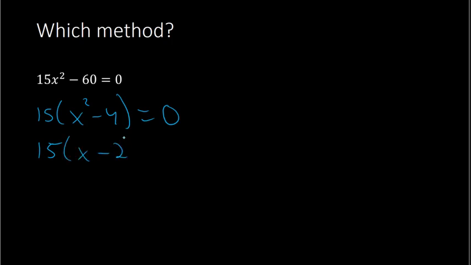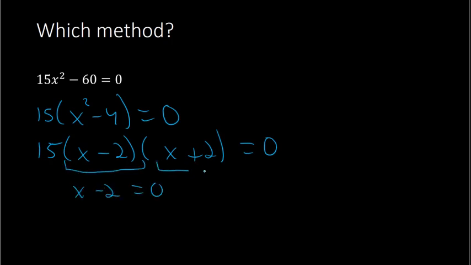It's the difference of squares to get x minus 2 times x plus 2 equals 0. Then set each part equal to 0. Obviously 15 would not be 0, but the x minus 2 could equal 0, or the x plus 2 could equal 0. So my answer could be x equals positive 2, or x equals negative 2. So this would be one good approach to solving this equation.